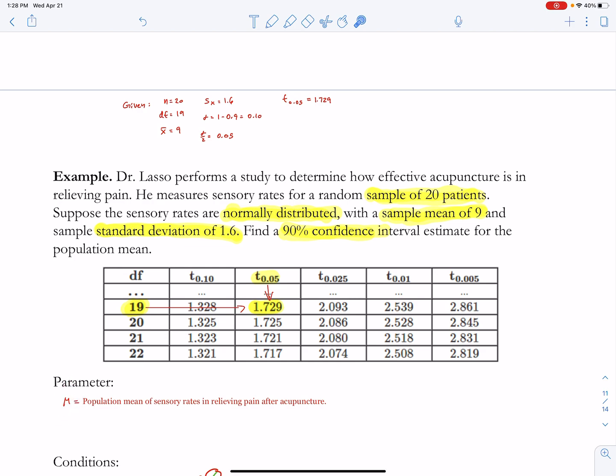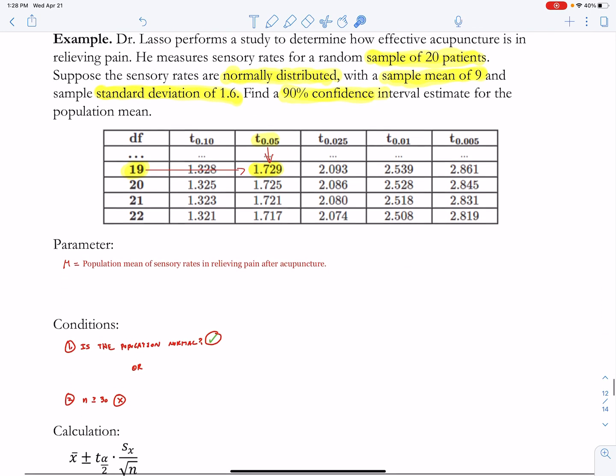I know I want to find mu because it says literally find a 90% confidence interval estimate for population mean. Well, what is the population mean talking about when I find it? Well, it's talking about your sensory rates in relieving pain after acupuncture, and that's what's given up here at the top, okay? So it is extremely helpful to know what is going on inside the problem, and that will supplement your understanding for finding the parameter.